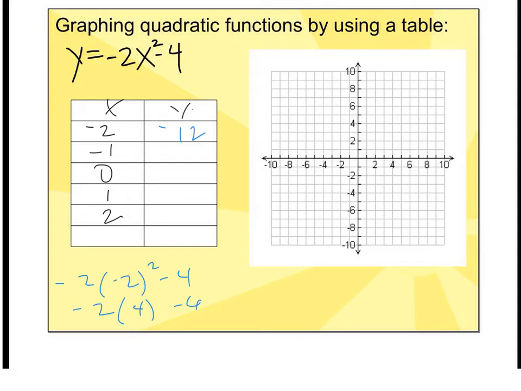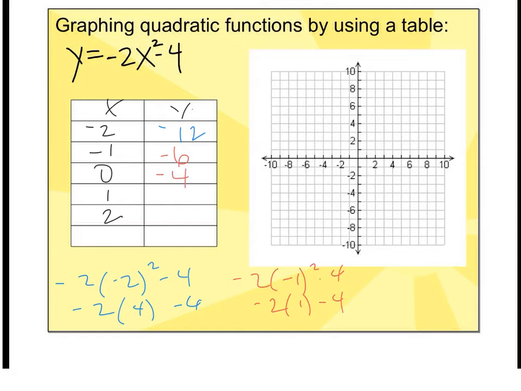Okay, do the same thing with -1, so I get -2 times -1 squared minus 4. Gives me -2 times 1 minus 4, which is -2 minus 4, which is -6. Plug in 0. That one's pretty easy because the first term just becomes 0, so that's a -4.